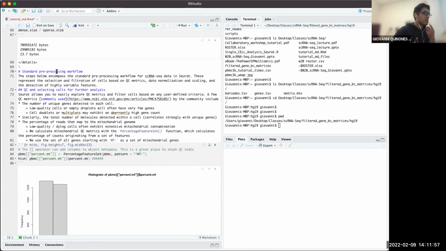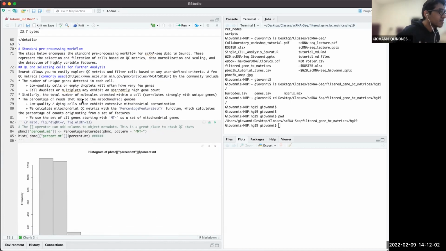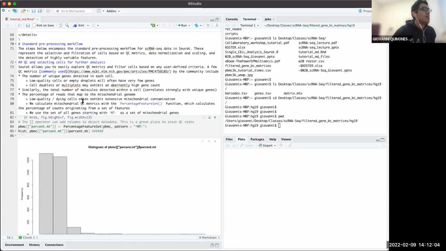So moving on, this is where we actually get started to do some analysis. And before we move to this line of code, I'm going to switch back to the slides because the first part of this code is dealing with the quality control. So we're going to review some of the metrics that we use in order to perform quality control.